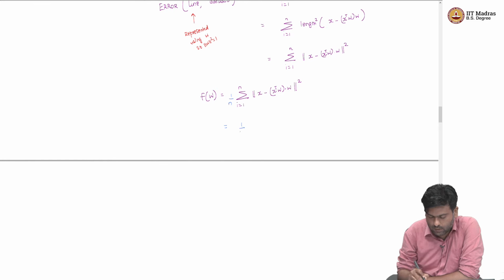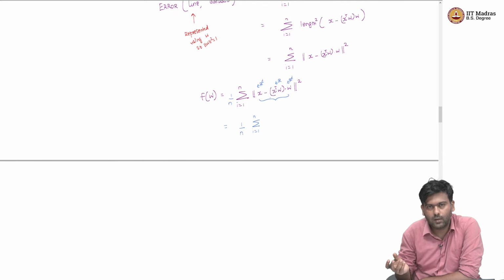Okay, so now we know the length squared of a vector. Remember, x is in R^d, w is in R^d, and this x transpose w is in R. So, this is a scalar times w, this is the proxy for x along the line w, and then you are looking at the difference vector. The difference is a vector and we are looking at its length, and because it is a vector, the length squared is just the transpose of the vector with itself.